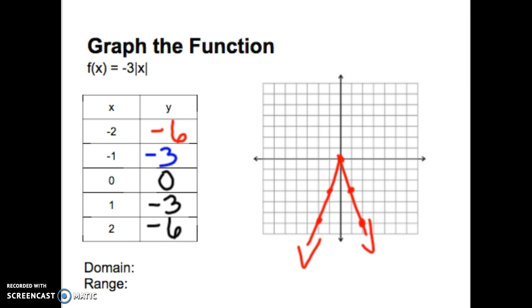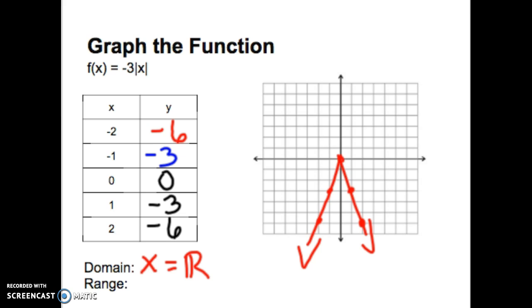If we look at our domain and range now, again, domain is the x values you can plug in, range is the y values you can get out. So, domain-wise, you can plug in any x value you want. Again, making x all real numbers.